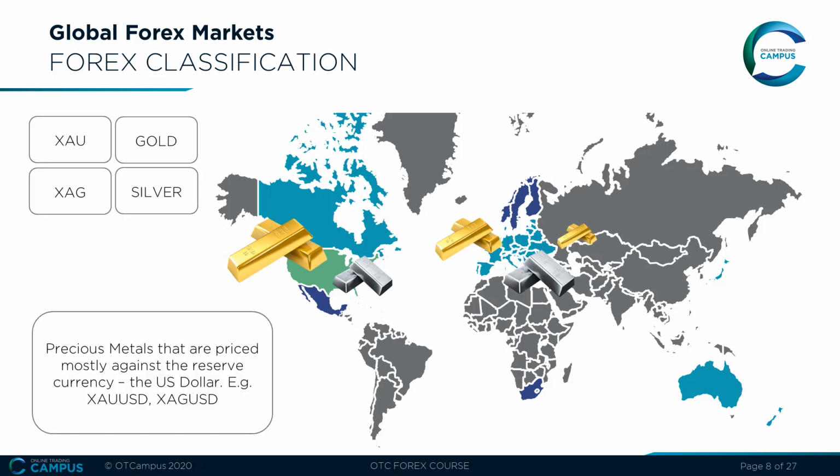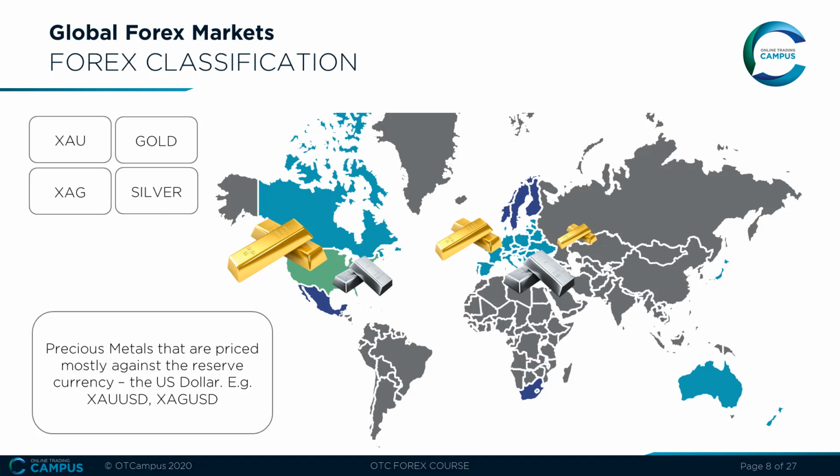What we also have are precious metals in form of currency pairs. The symbols for those pairs are XAU for gold and XAG for silver. Most brokers will offer these precious metals to be paired against the reserve currency, the US dollar. So the tradable symbol would be XAU USD and XAG USD.